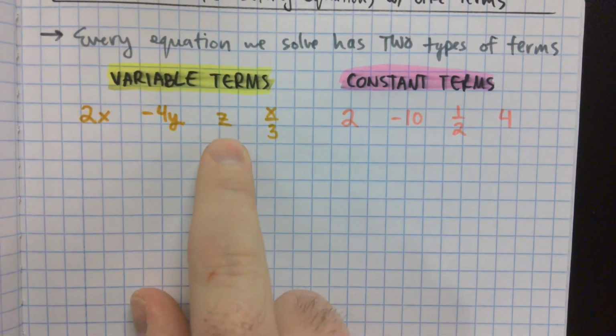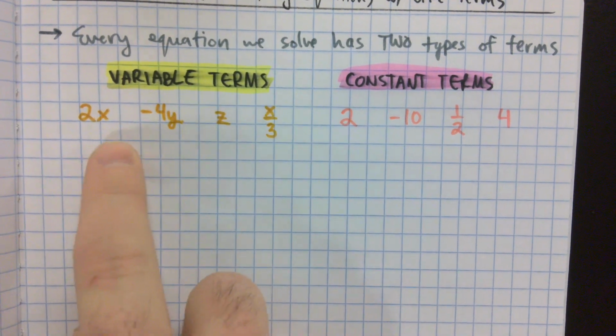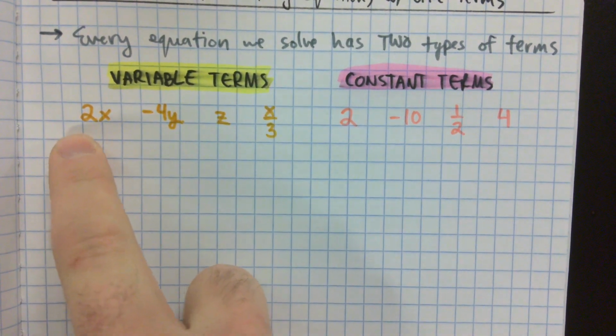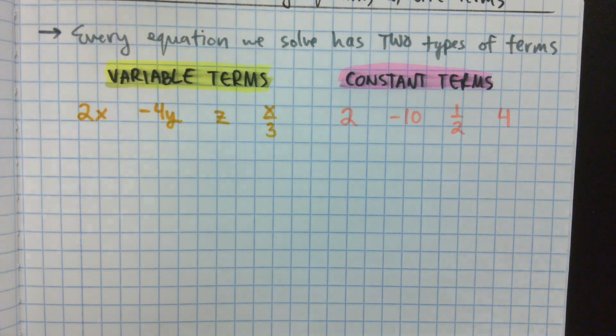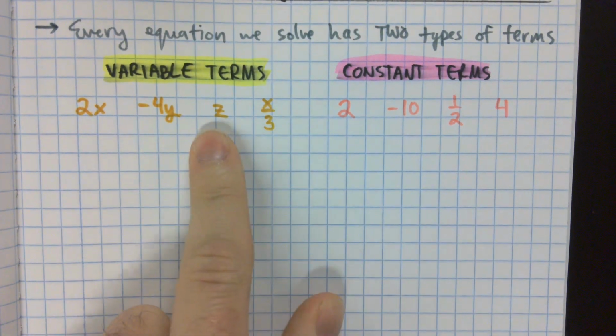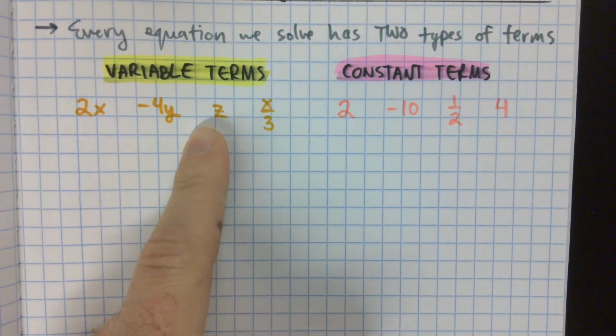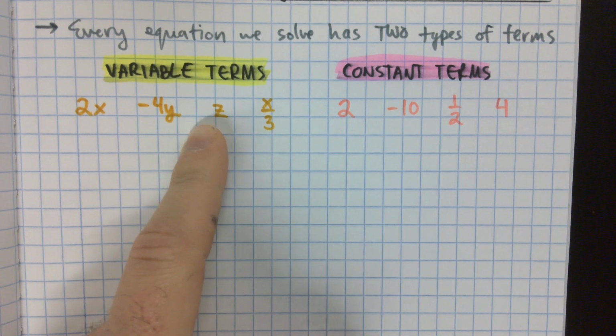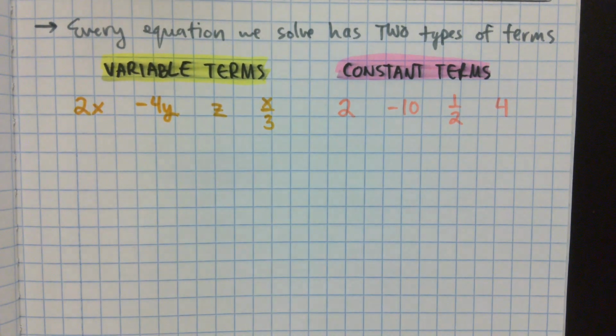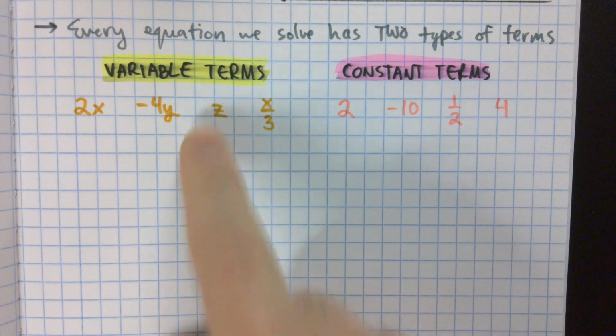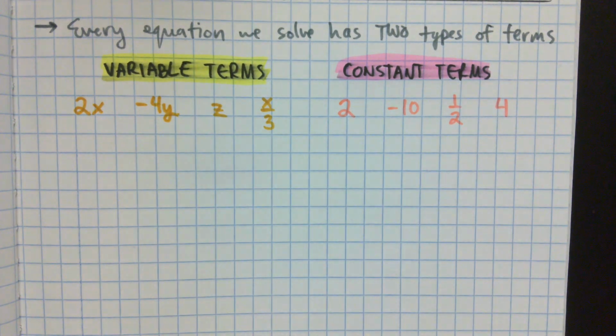It could be just a straight up letter like z, or it could be a letter with a coefficient like 2x. Just to review here, what would my coefficient of z be? 1. 1, exactly. Whenever we have a variable all by itself, we know there's a 1 in front. That's going to be super, super important for us to remember today. That little invisible 1.